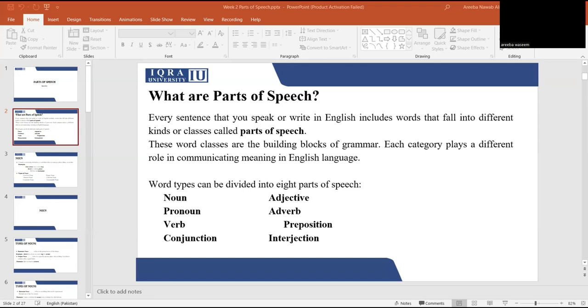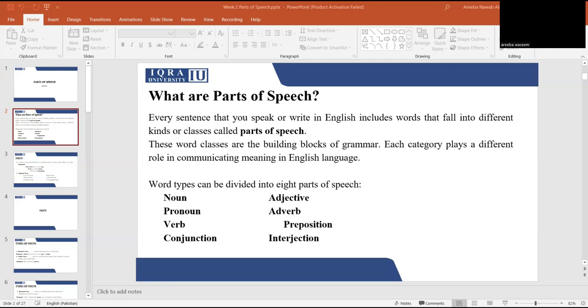The most simple sentence usually has your noun and verb and an object, right? And the more complex the sentence gets, the more parts of speech it contains.